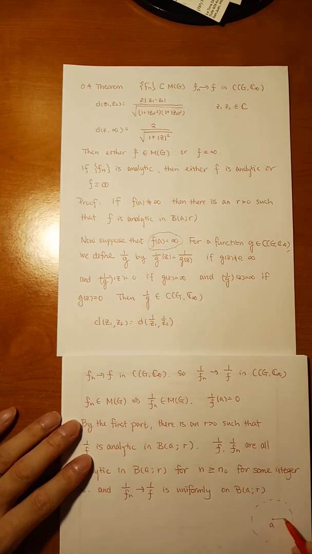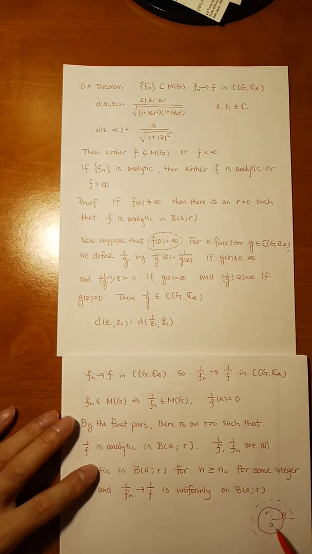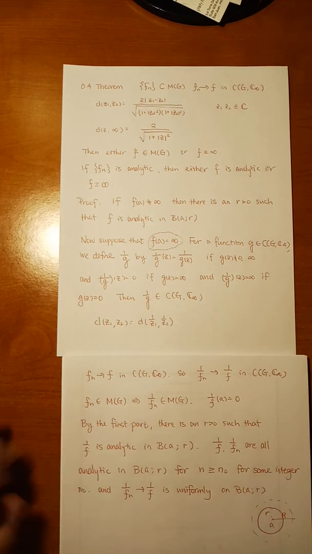First you choose this bigger R, and then inside it you choose a small r, and the closure of the small disk is compact, so the convergence becomes uniform. So inside this smaller open disk, the convergence is still uniform. We just shrink it a little bit, but in this process, you do not see that shrinking.